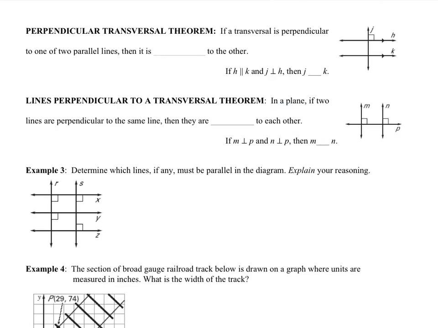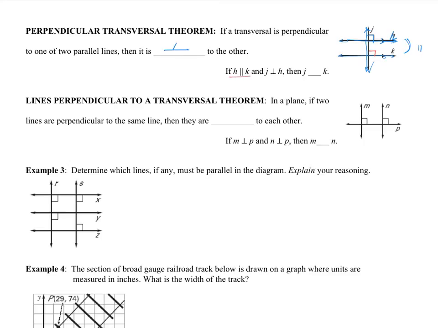The perpendicular transversal theorem states that if a transversal is perpendicular to one of two parallel lines, for example J is perpendicular to one of them, the line H, and H and K are parallel to each other, then it is also perpendicular to the other one, which will be line K. So here's the symbol.